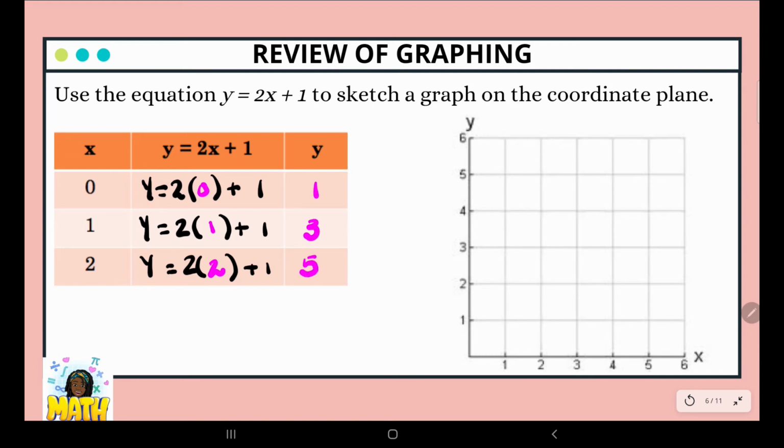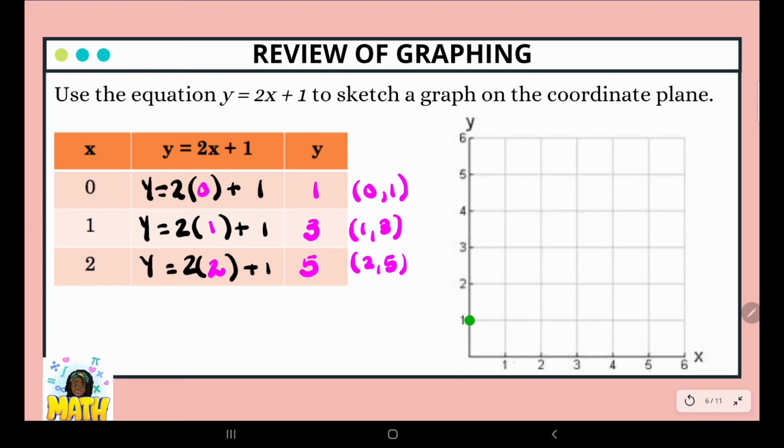Now we can go ahead and rewrite these values as a point. So the first point is at 0, 1. The second is at 1, 3. And the third is at 2, 5. Let's go ahead and plot these points. Here we start on our x-axis at 0, and then we're going to move up to the number 1 on the y-axis.